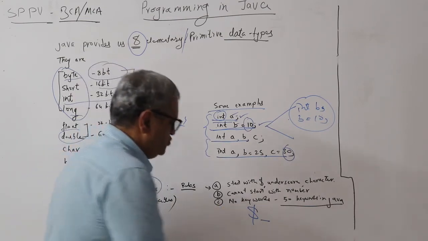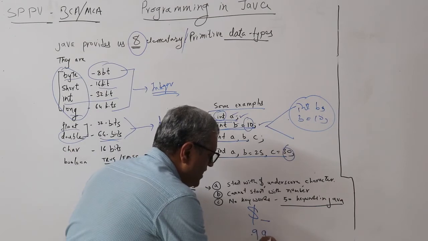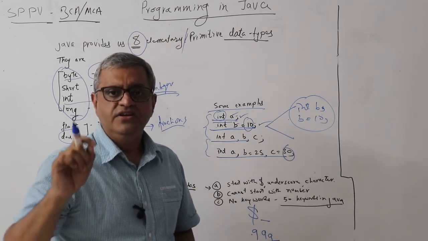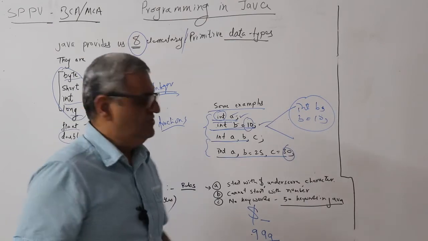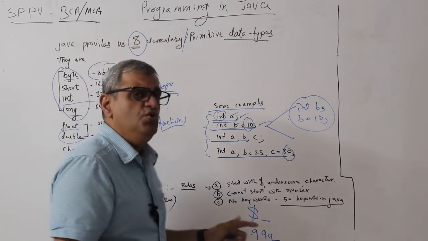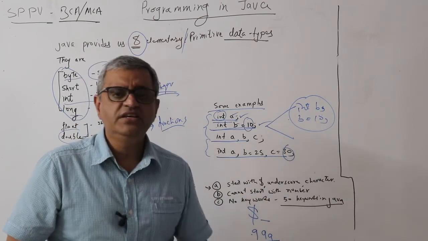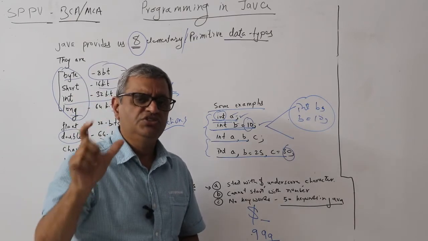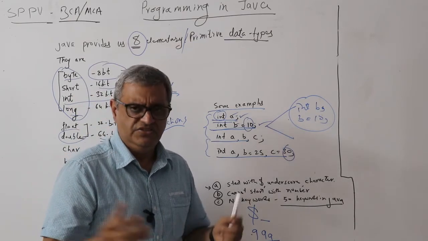So the variable 99a is an incorrect variable. Your compilation will give you an error. Similarly, you cannot use keywords. There are around 50 keywords which Java has reserved.